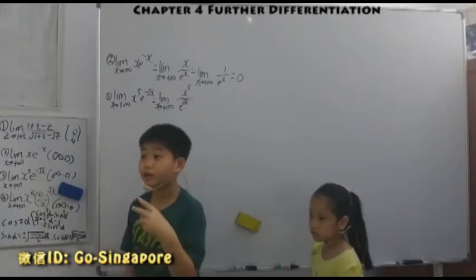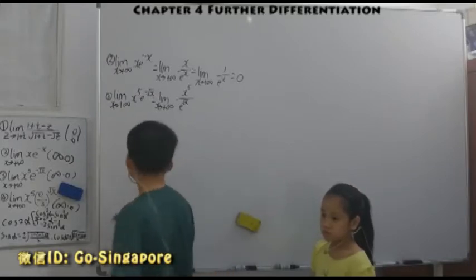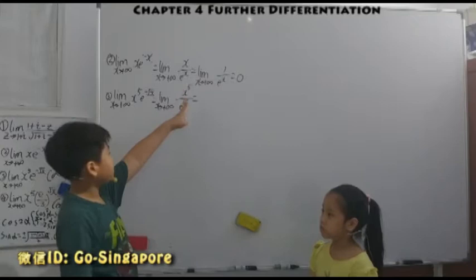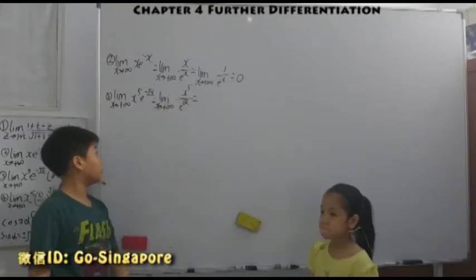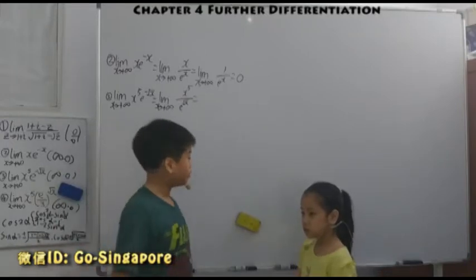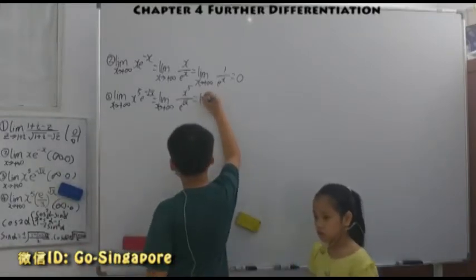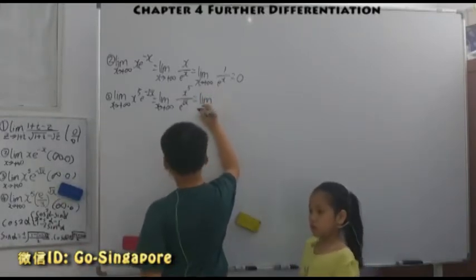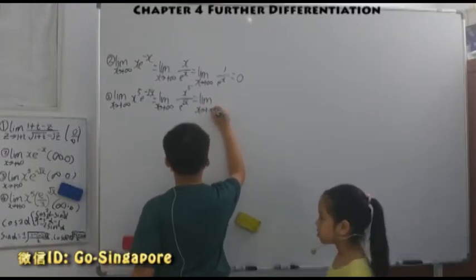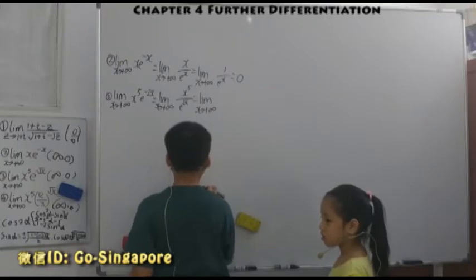Because that negative means it goes to the denominator. So we keep differentiating, right? Yes. The limit as x approaches positive infinity.